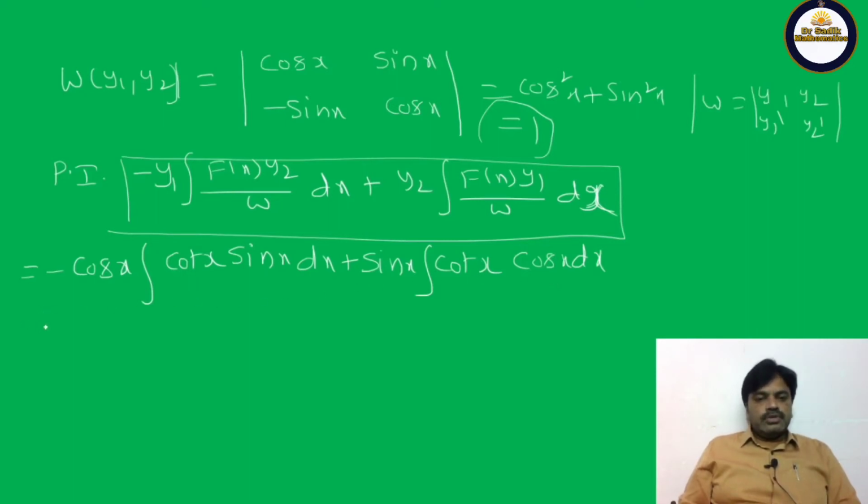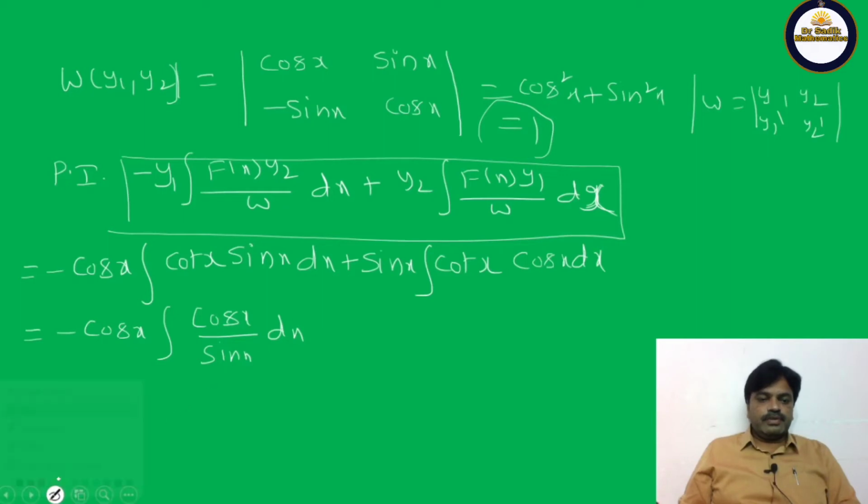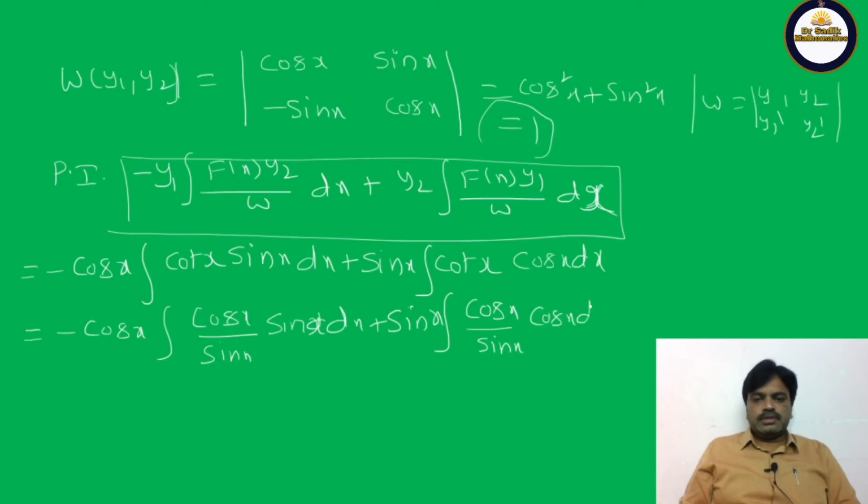So that is equal to minus cos x integral of cot x, which can be written as cos x by sin x, into sin x dx, plus sin x into integral of cot x again written as cos x by sin x into cos x dx.